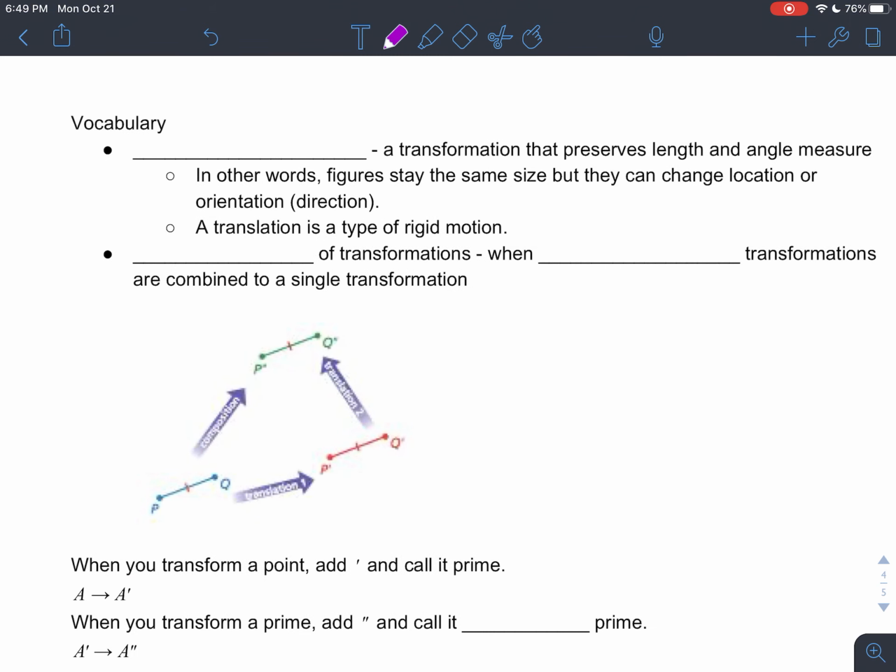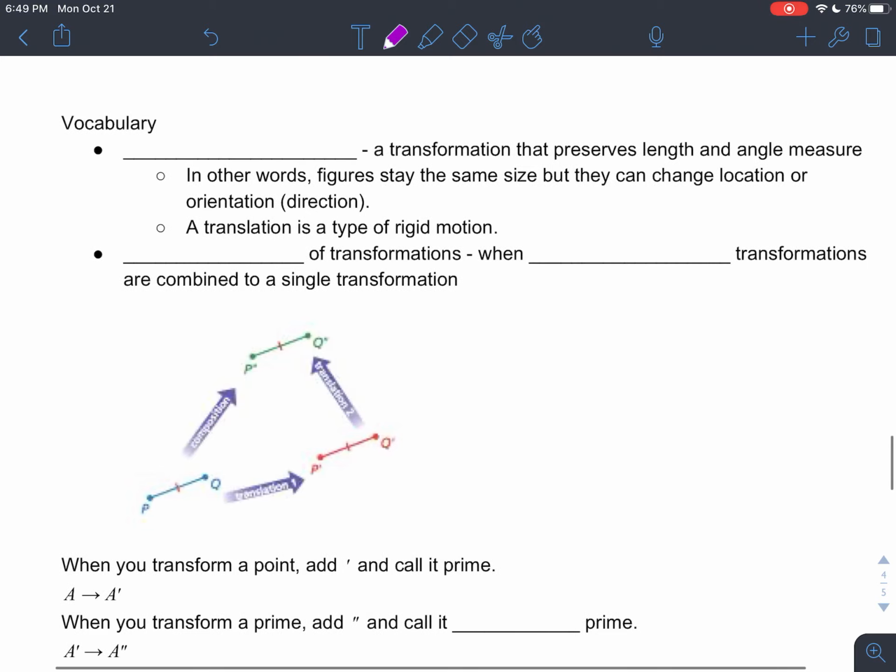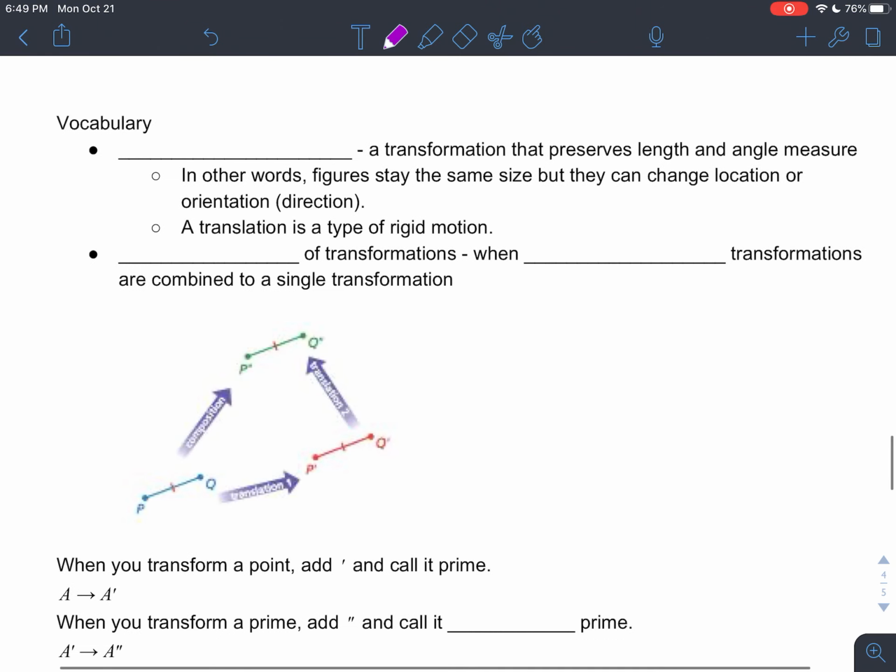Some more vocab. There's a lot of vocab in this chapter. So the word rigid motion. So if you think about the word rigid, not ridges. Last year I was asking what the word rigid means, and folks kept saying like jagged edges, and I was like, what?